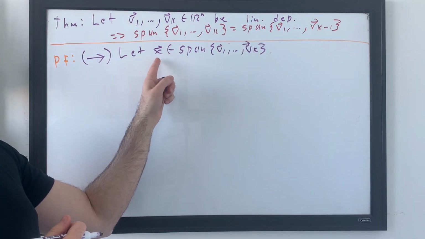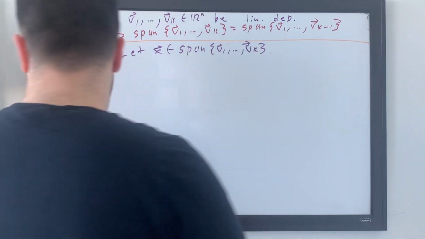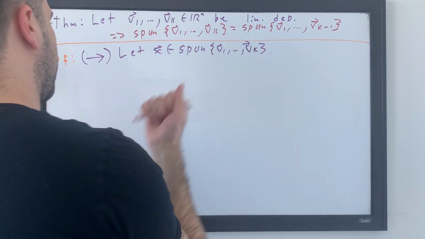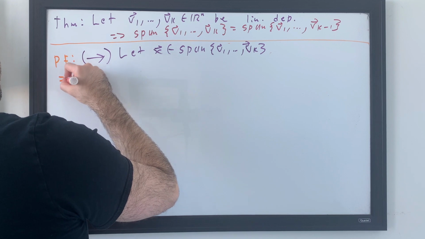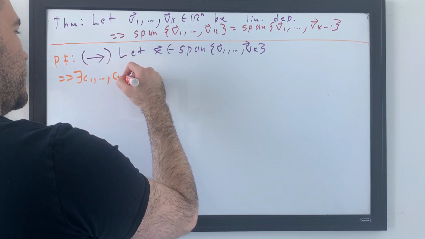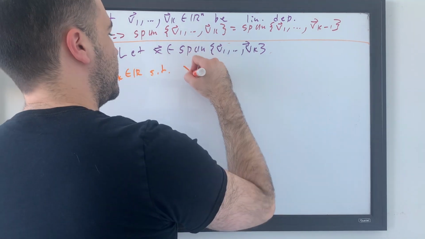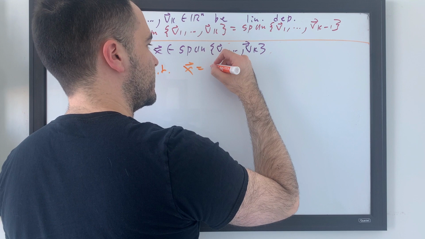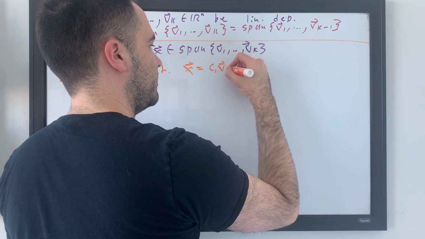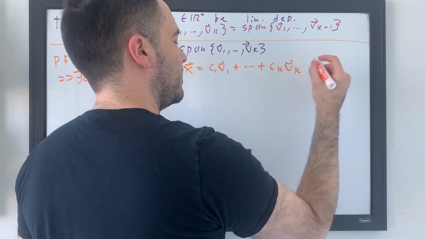And now we need to show that x is also within the span of just v1 to vk minus 1. So let's write this out. Okay. This implies there exist c1 to ck that are real numbers such that x is equal to the sum of c1 v1 plus all the way to ck vk.